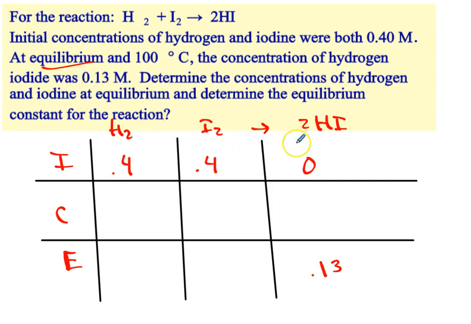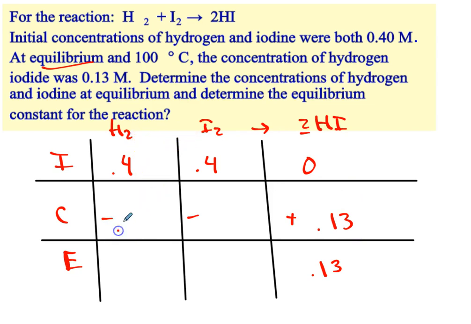All right, so my change here would be a negative 0.13. Which would make both of these a negative, correct? All right, so if we look, this is twice as much change as the other ones would be, correct?